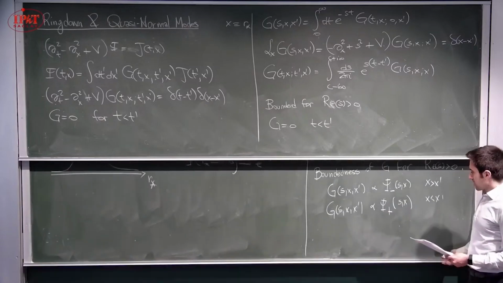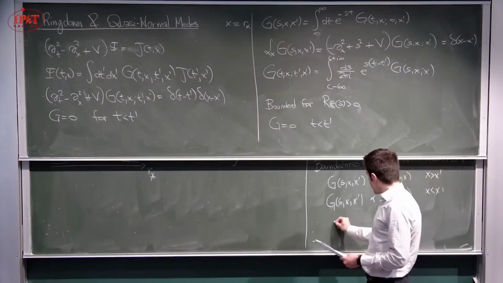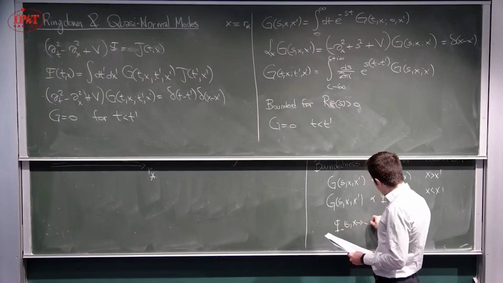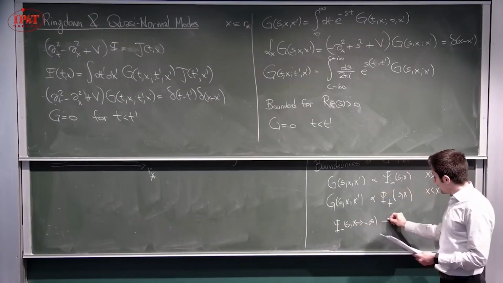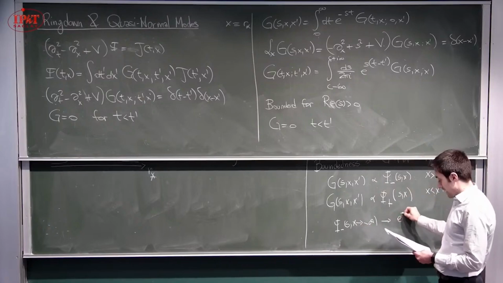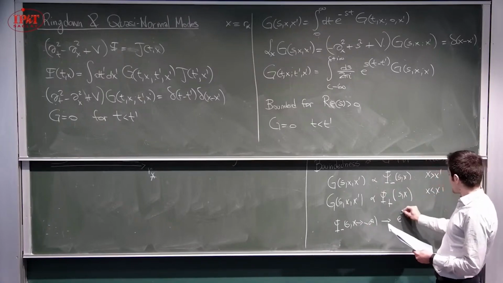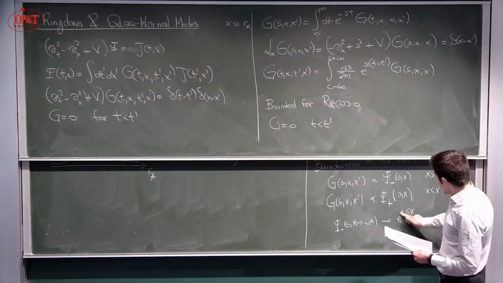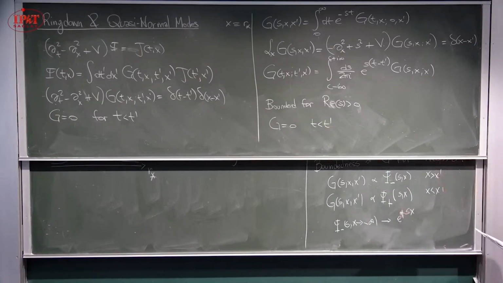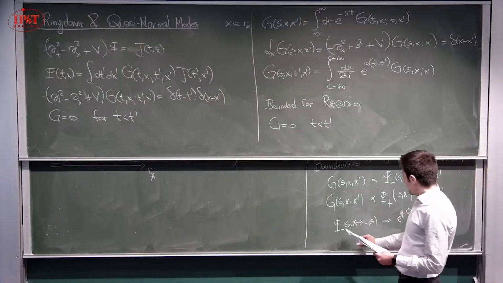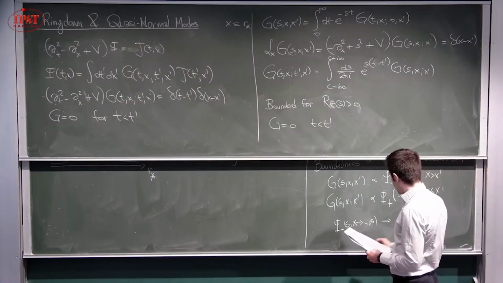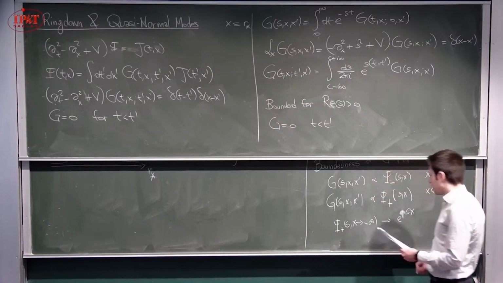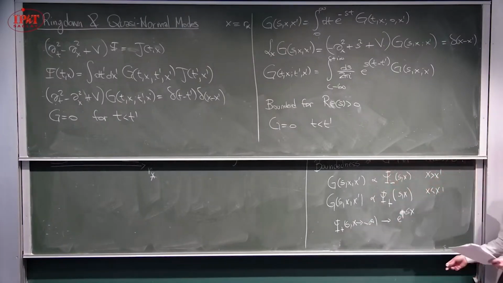What are these psi minus and psi plus? Those are the two solutions. Psi plus, when I send x to minus infinity, goes to e to the plus s x. Let me do it carefully. So psi plus for x that goes to minus infinity goes like e to the plus s x.